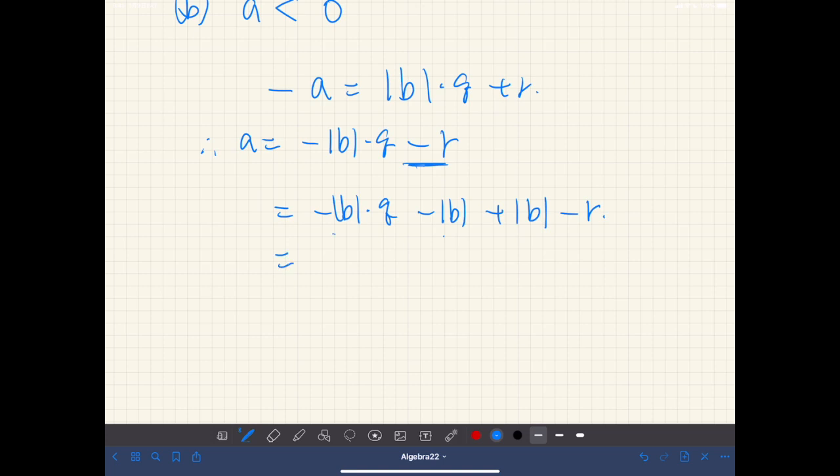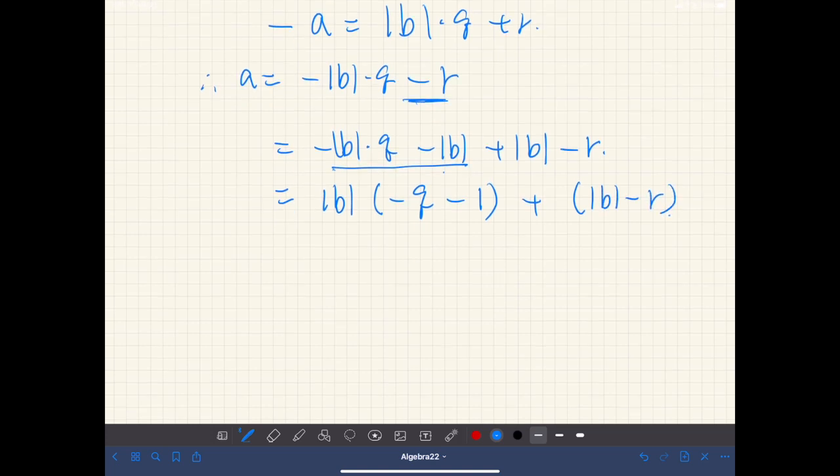So we can factorize this part, and we have b times negative q minus 1 plus the modulus of b minus r. Okay.